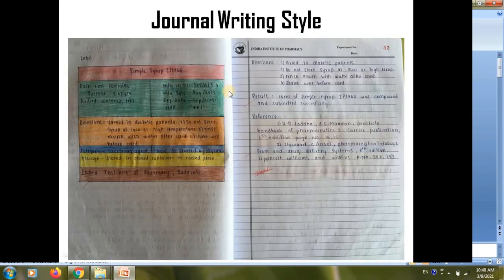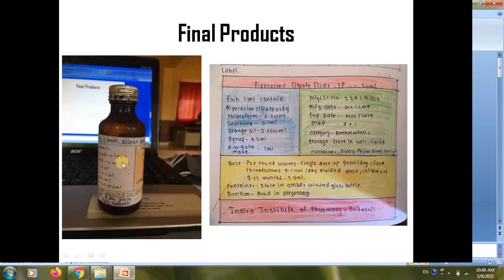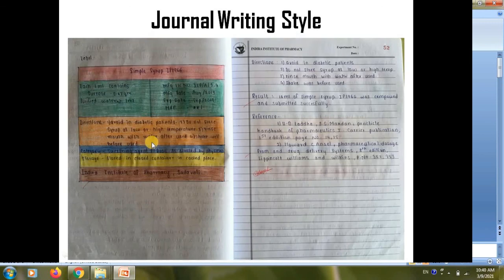Then you have to draw the label, the same as I have discussed previously. For each and every preparation you have to write the label and color that label. If you see the image of the container, you have to give an attractive color for your label, for the finished product as well as in your journal. In the lab book it is not necessary to color, you only have to draw the label; color should be in your journal and your finished product.